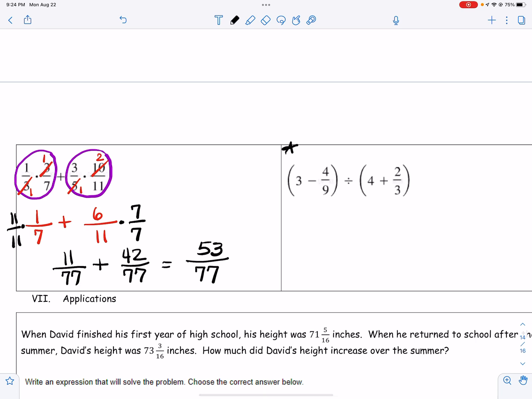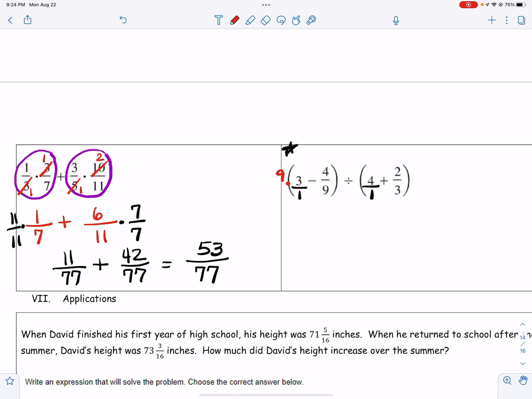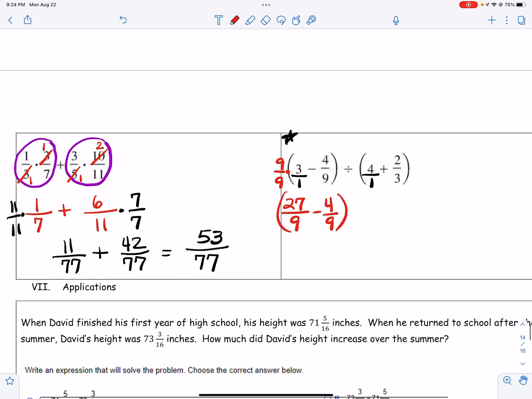Now, you will see this one in your homework. And so what I recommend you do is that if you see a whole number, let's write it as a fraction, okay? So those are in parentheses, so you've got to get a common denominator in the first group, and the denominators are a 1 and a 9. So that means that you're going to multiply this by 9/9, so that you get 27/9 minus 4/9 in that first parentheses.